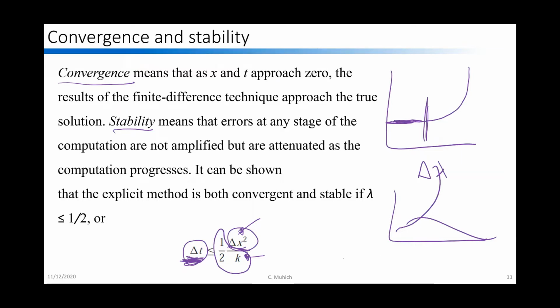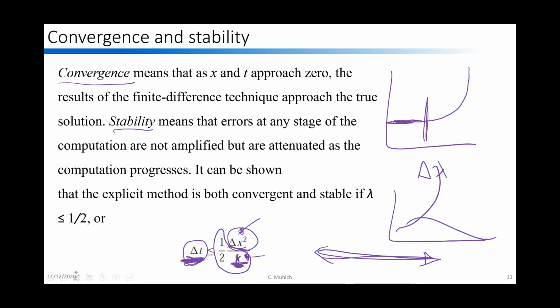Remember, this K was saying how quickly heat moves in and out. So the bigger that this K is, the smaller my time step needs to be to have a convergent solution. If I'm having rapid changes, my time step needs to be very small.